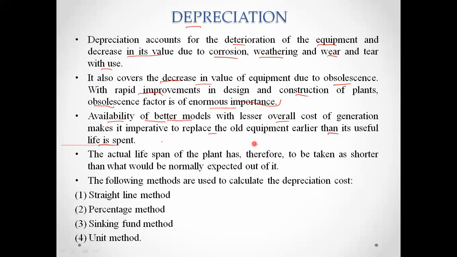We know that technology goes on increasing. Suppose the mobile I bought one year ago, now if we are using that mobile, that changes. So here also we will be using the better models, and the actual lifespan of the plant can therefore be taken as shorter than would normally be expected.